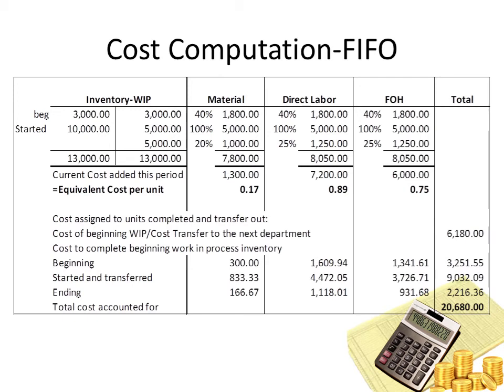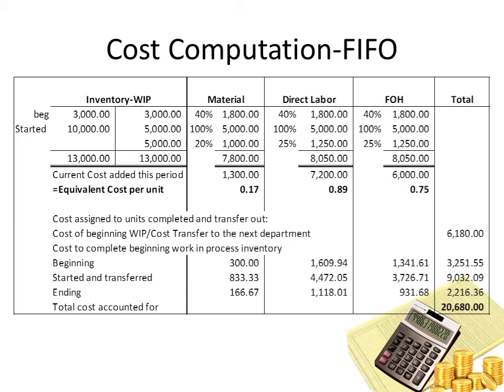So 0.75 times 1/8, that would be 1,341.61. And then 0.75 times 5,000, that's 3,726.71. And 1,250 times 0.75, 931.68. But guys, remember that the 0.75, I used the infinite number because I was using Excel.